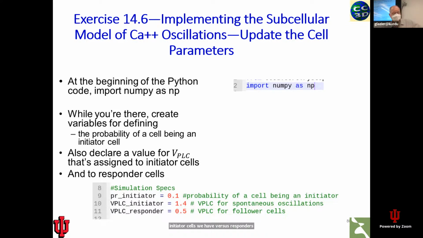And so I create a variable which is the probability of being an initiator, 0.1. The VPLC level for the initiators, 1.5. And the VPLC level for the responders, which is 0.5. You could use a shorter variable name if you don't want to type all of that.